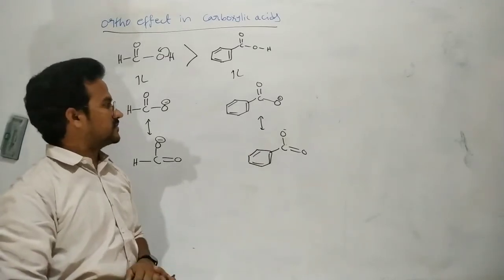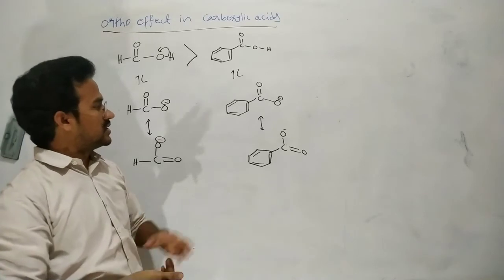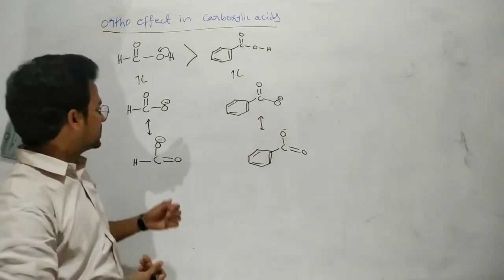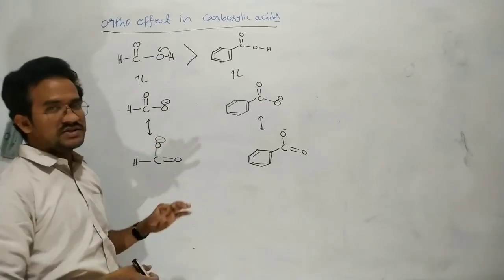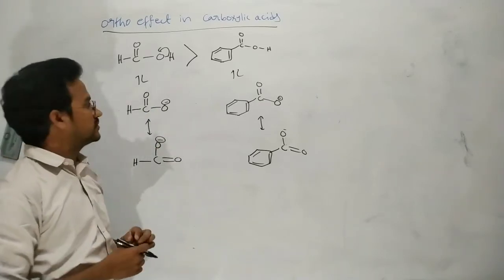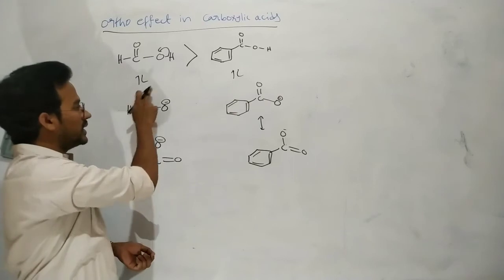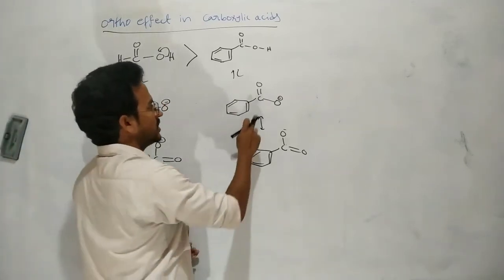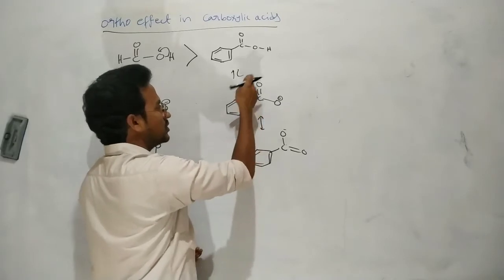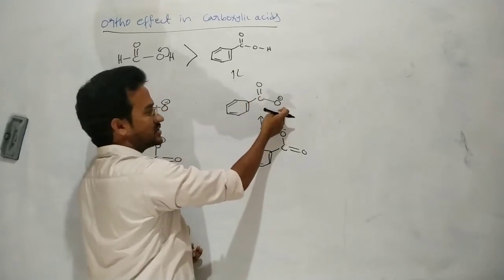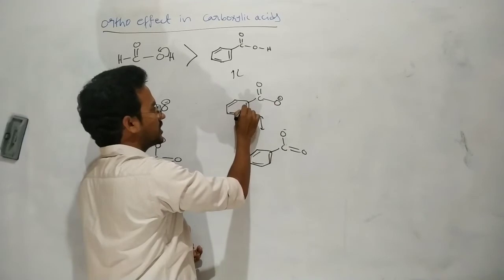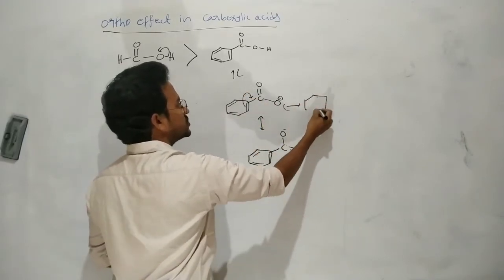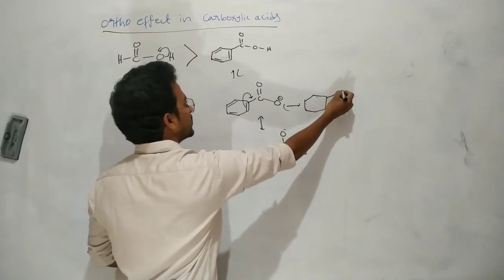Here the dispersal of the negative charge is less, but in formate the dispersal is more effective, because the CO group is only involved in conjugation with the negative charge. In benzoate, the CO group is not only involved in conjugation with the negative charge, it is also involved in conjugation with the benzene ring.